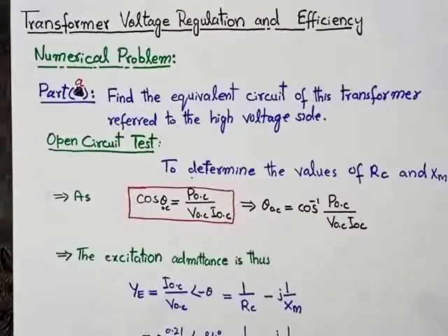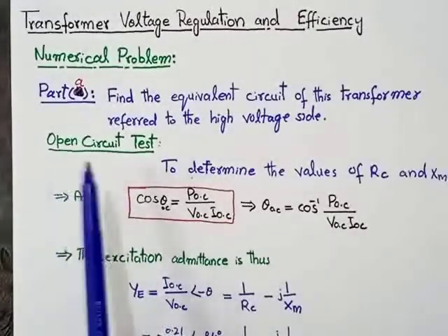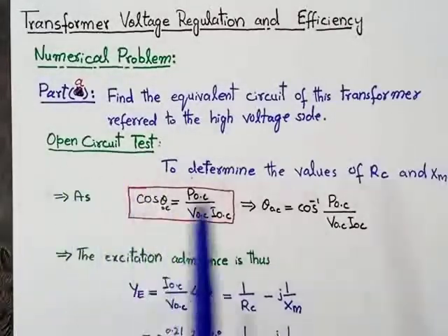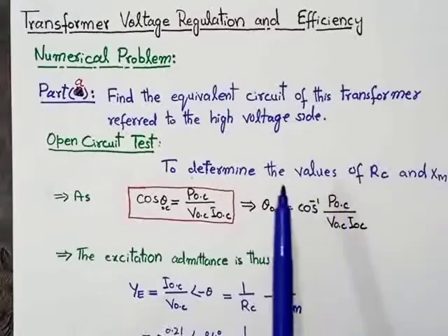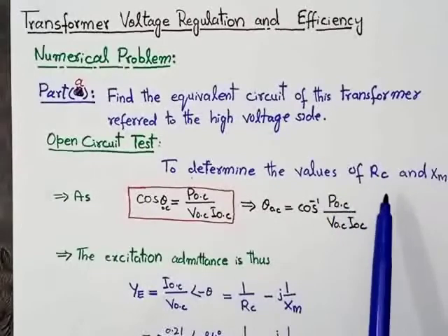So first of all we will perform the open circuit test. The result of the open circuit test, as we have already given in the given data of the given numerical problem. So first of all we will determine the values of RC and XM, that is excitation branch elements.